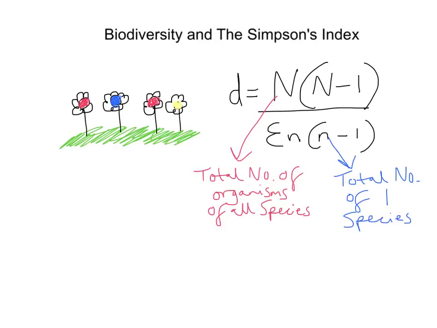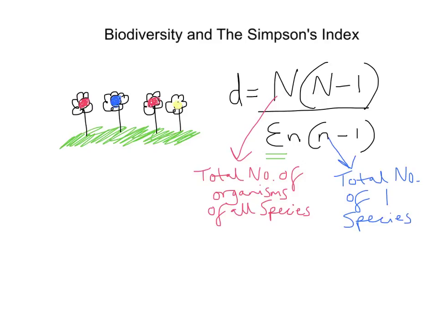And the symbol which you might recognise, this one here, means sum of. So added together. So we're going to work out the total number of each species, add them all up, put them into this formula using the total number of organisms of all species, and that should give us a value for what's called the Species Diversity Index.